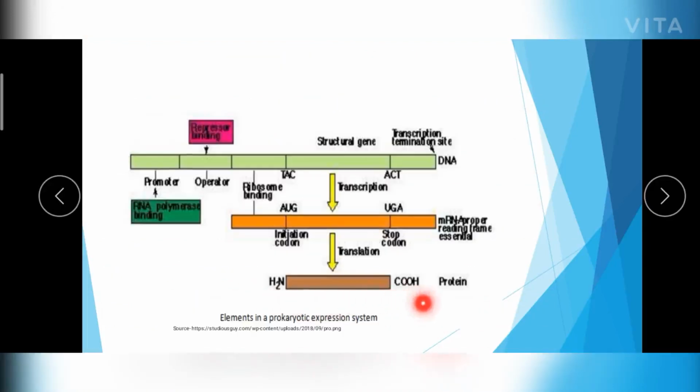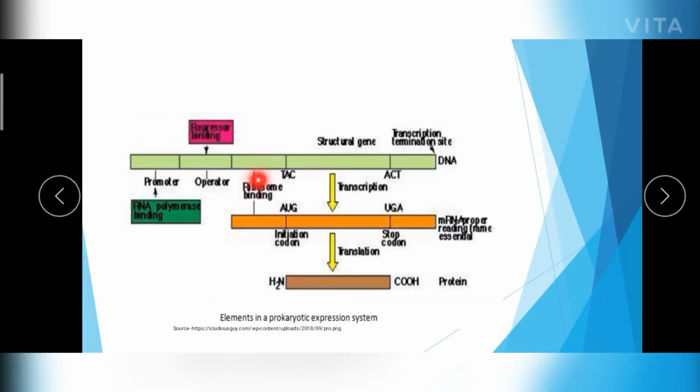Next, the picture shows the overall elements present in the expression vector. These are the regulatory elements, that is the promoter and operator. The promoter is the place where the RNA polymerase enzyme comes and binds. To the operator the repressor binds, and it stops or regulates the transcription process.